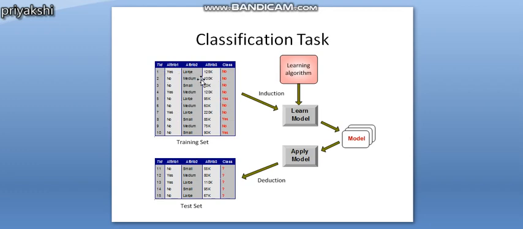The training data is used to build the classification model, which is subsequently applied to the test set, which consists of records with unknown class labels. Based on the training data set, your model will be developed and then applied to the test data set to identify the class label of unknown records. This is the general approach of the classification task.